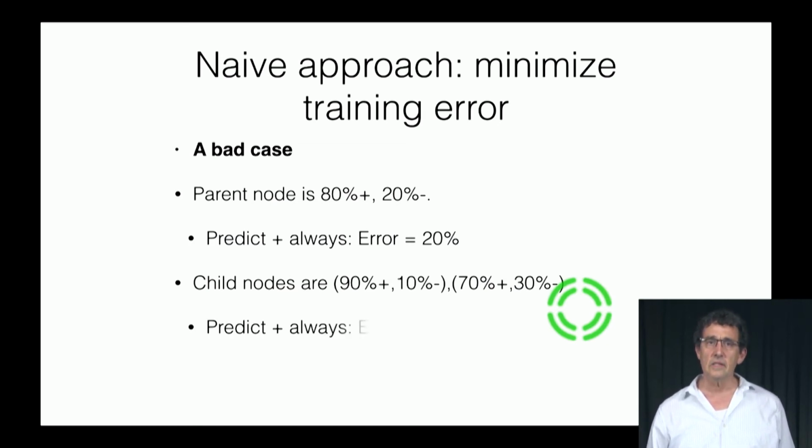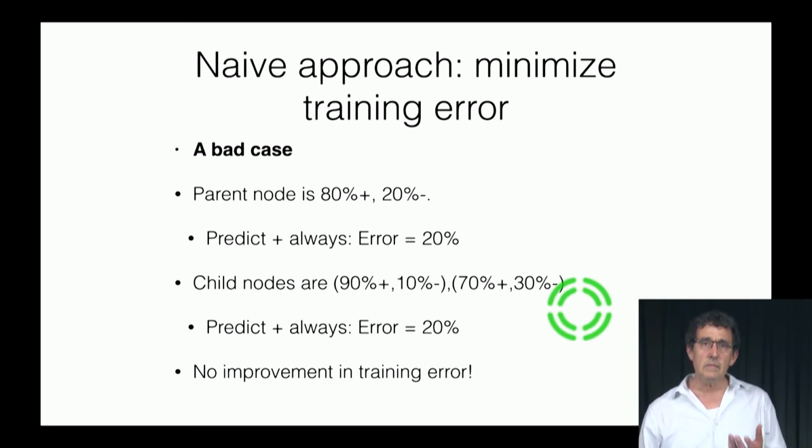In this case, we still always predict plus, right? Because plus is still the more popular label both on the left and on the right children. And so as a result, if we're predicting plus always, we have exactly the same error. So there's no improvement in the training error.